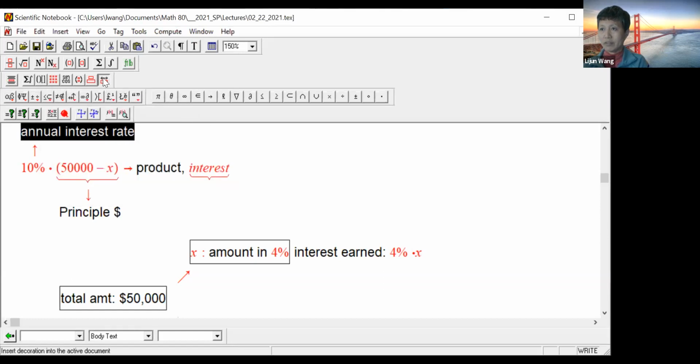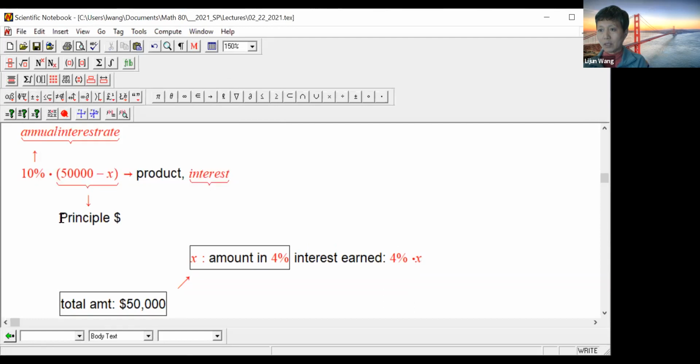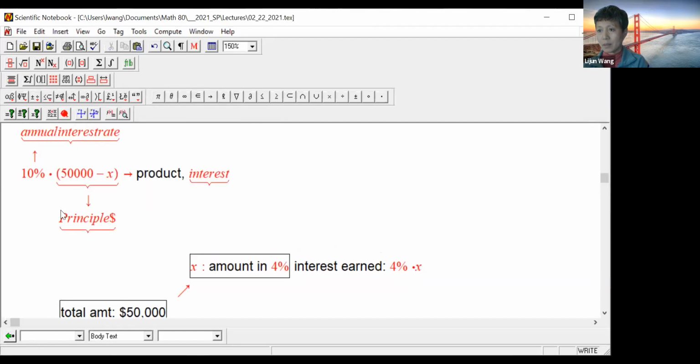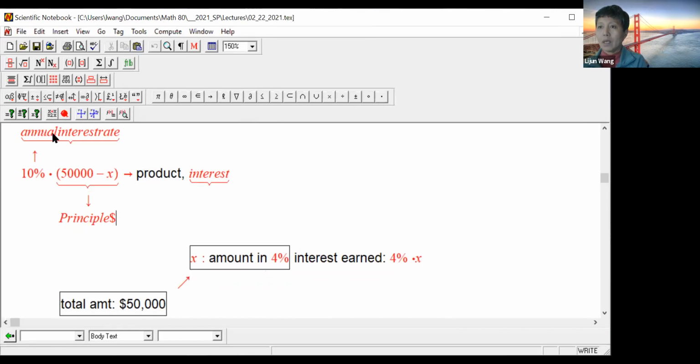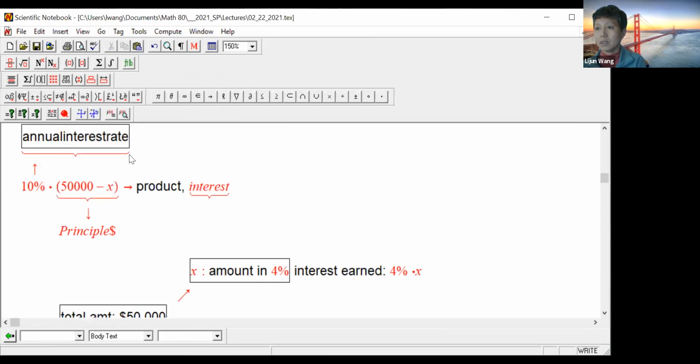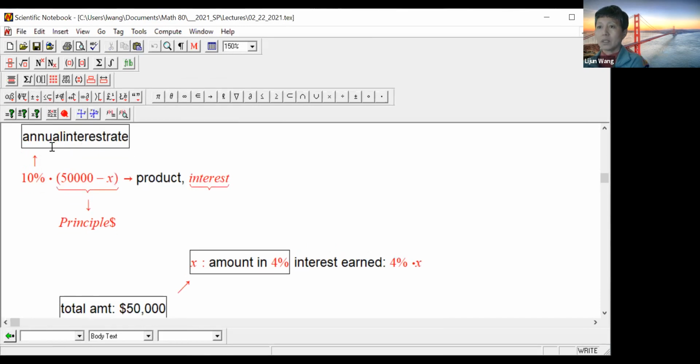If you have done all that and you understand what you're doing, oh gosh. Annual interest rate. I meant for it to be in a box. Okay. Annual interest rate. Sorry about that.